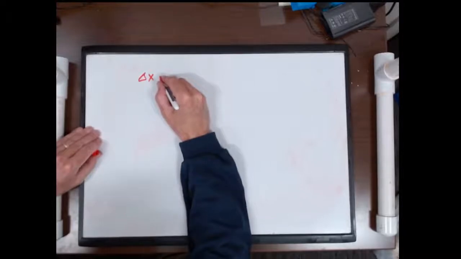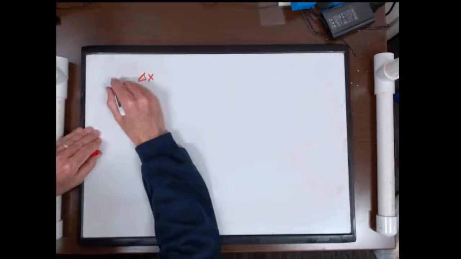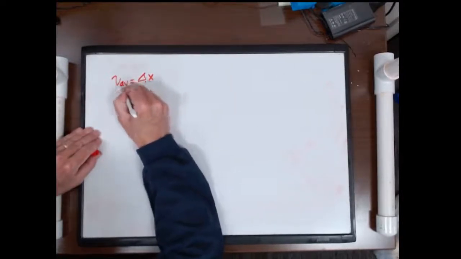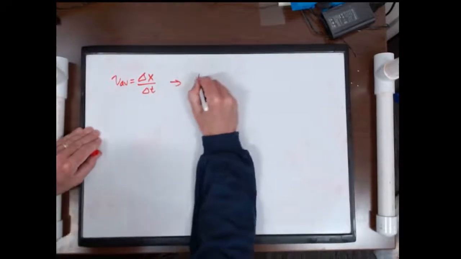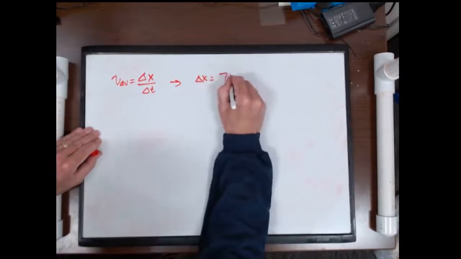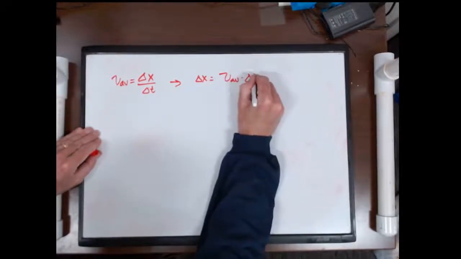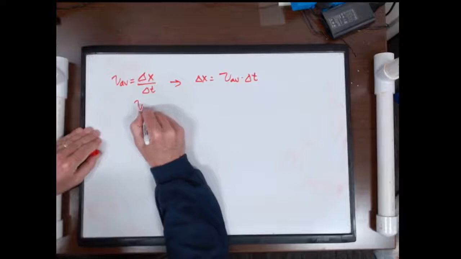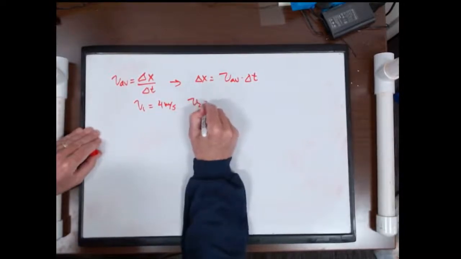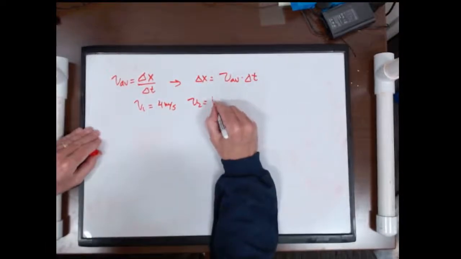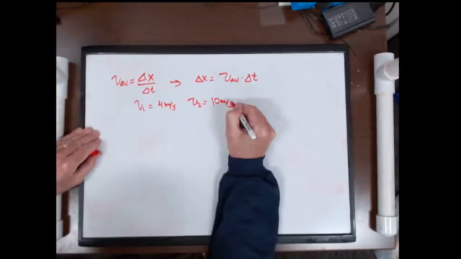So if you remember, we said V average is equal to the change in position over the change in time. And so that led to the change in position is equal to V average times the change in time. In this problem, we said V1 was equal to 4 meters per second, and V2 is equal to 10 meters per second, right?